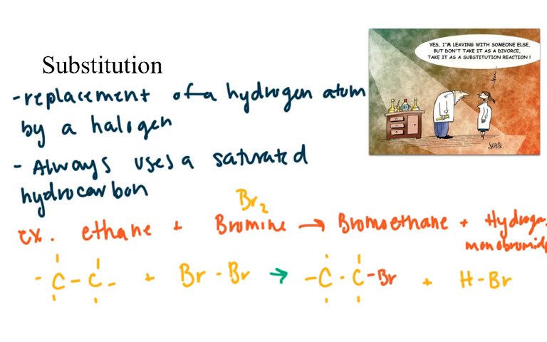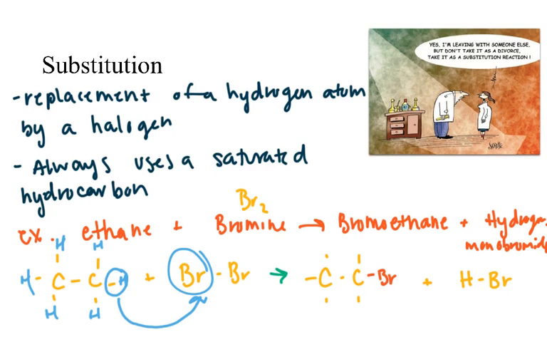So what we notice here is that a hydrogen here, those are our hydrogens, swoops over and is replaced with the bromine. So they just flip-flop, they switch, they substitute with one another. Okay, so this is how we get our halides.